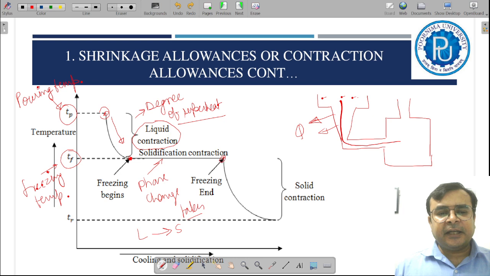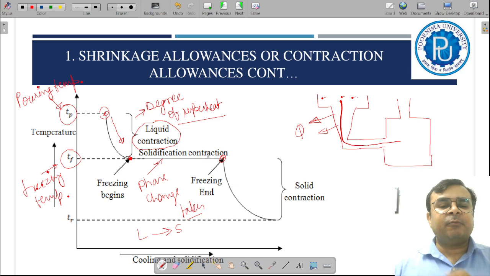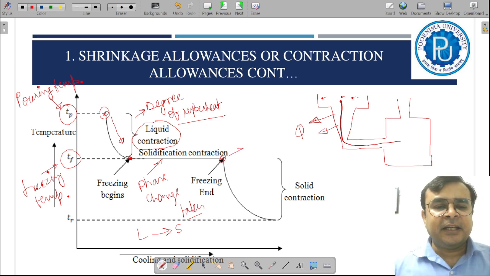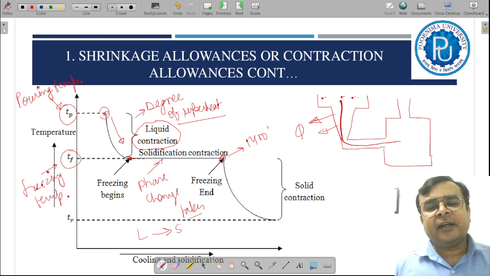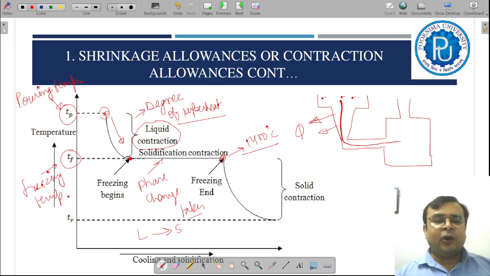Next, once the metal reaches this point, the entire metal is solidified, but its temperature is still much higher. With reference to steel, this is around 1400 degrees centigrade or more. Obviously the solid material at this high temperature is not useful for any application, and this temperature automatically decreases when exposed to the atmosphere.